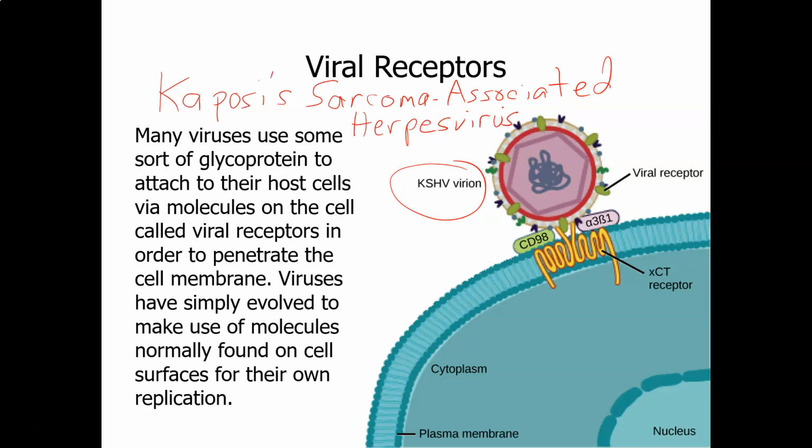So there are many different types of herpes viruses, or at least there are multiple types, and this is one of them. And where you may have heard of it before is that in patients who have a lower immune system, most often because they have AIDS, they can get these brown places on their skin.